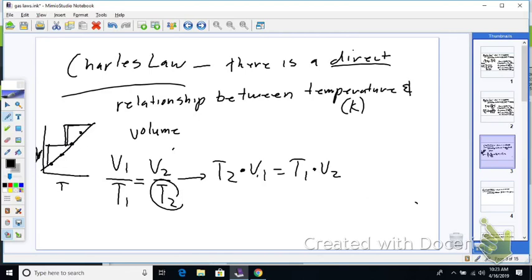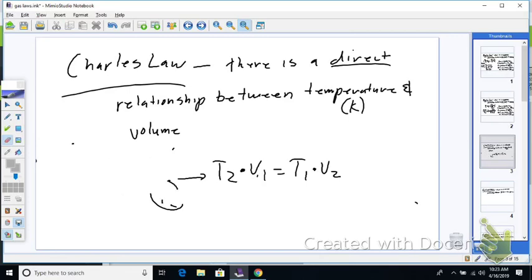All right, I'm not going to do a problem with that, actually, we better do it. But I'm not going to give it to you as a word problem. I'm just going to give you the variables, and you solve for it. I'll give you all the variables except one, and you solve for that one.